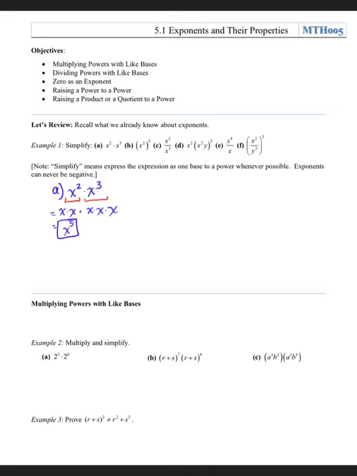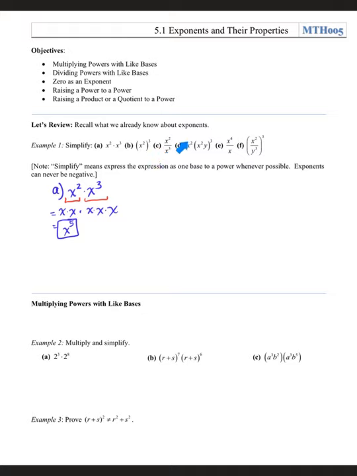That's one of the first things we're going to do. Now, I want you to take a minute, pause the video, and as best as you can try to work through the following ones here. Even if you're not quite sure what you're supposed to do, think about what it means if something is cubed. That means there are 3 of these. Letter C, you have 2 x's in the numerator, 3 in the denominator. Think of what you know about canceling.